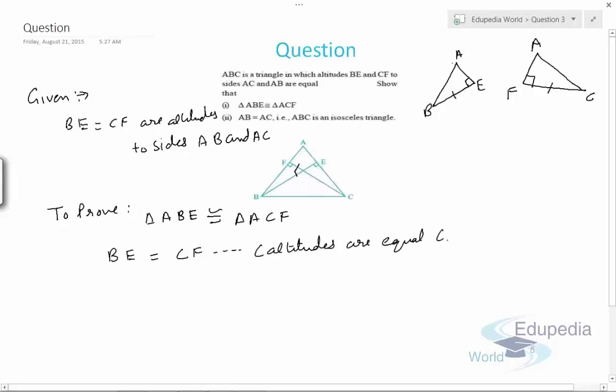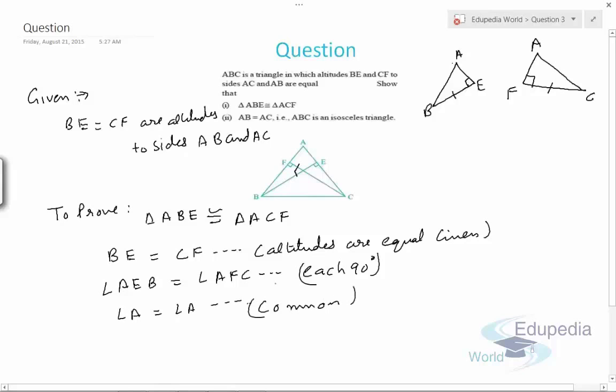Second, it's given that angle AEB equals to angle AFC, each 90 degree. Now, for the third condition, we can say that angle A equals to angle A, common.